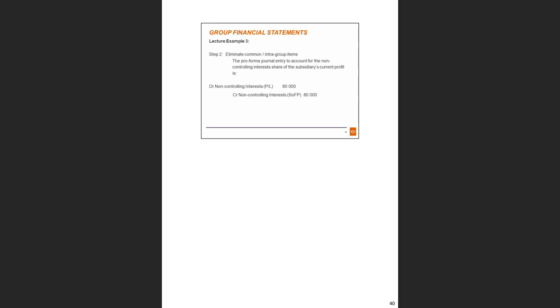We're saying P owns 80% of this, but the NCI gets 20%, which is 400,000 rand multiplied by 20%. This figure comes from part C in your analysis of owner's equity accounts. So we're going to debit non-controlling interest in your profit and loss statement, and you're crediting non-controlling interest in your statement of financial position. So this is the NCI's portion of the current year profits.